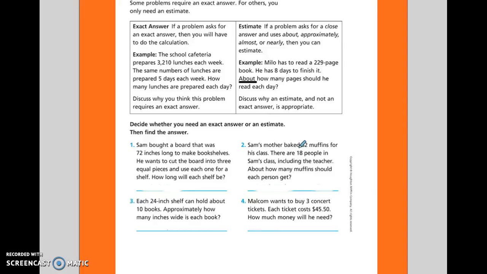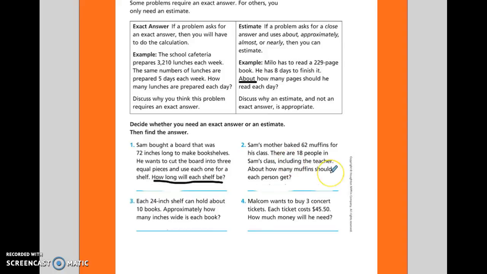How long will each shelf be? Go ahead and tell me if you think it's exact or estimate. You can pause and think about it. All right, if you said exact, right on, because they want to know exactly how long each shelf will be. It doesn't say about how long or approximately how long. It wants to know how long it should be, so it's an exact answer.